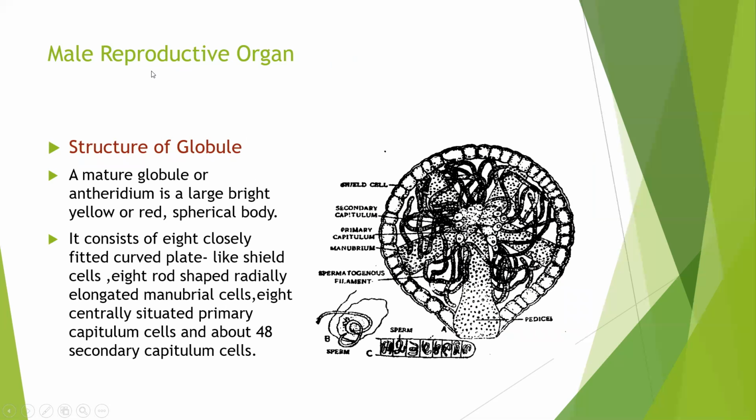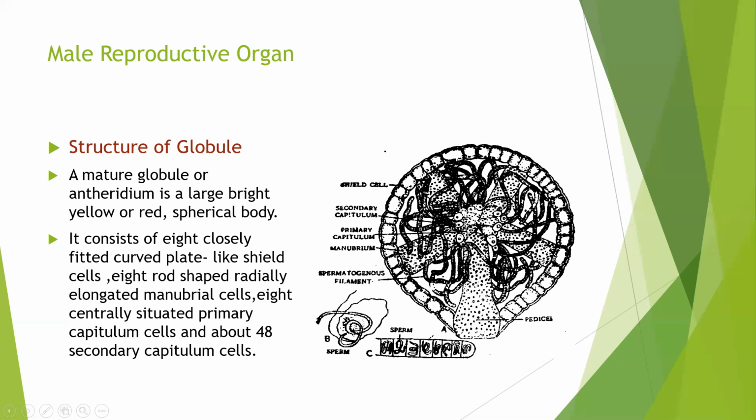Then let us see here the structure of the male reproductive organ. In Chara, the male reproductive organ is known as the globule. This is the diagram of the globule. A mature globule or antheridium is a large, bright yellow or red spherical body.